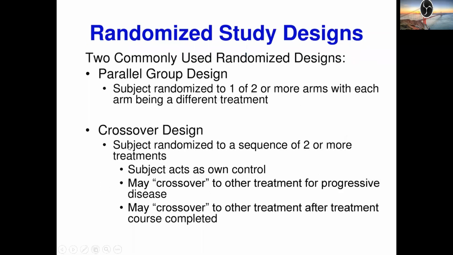That is, the subjects are randomized to a sequence of two or more treatments, wherein the patients act as their own controls, and they can cross over to the other treatments for progressive disease. So there are different types of designs: either a parallel group design or a crossover design.